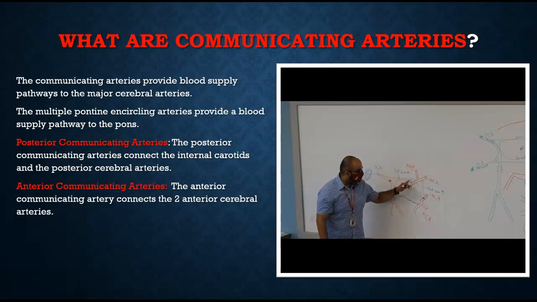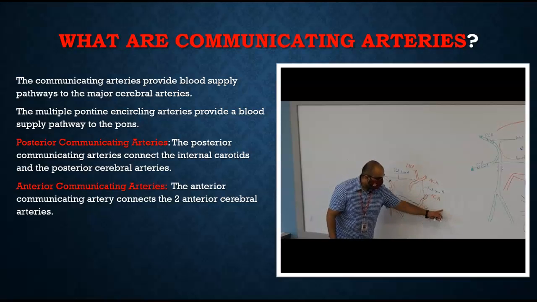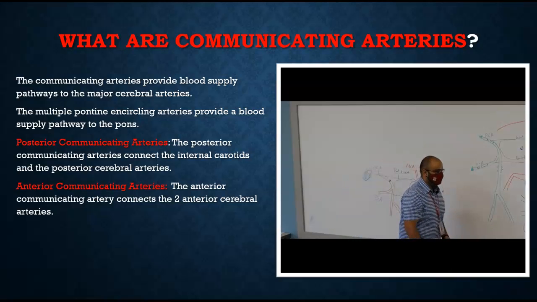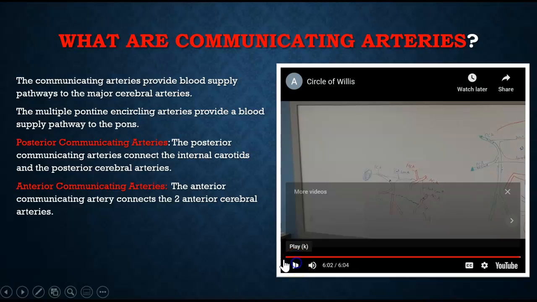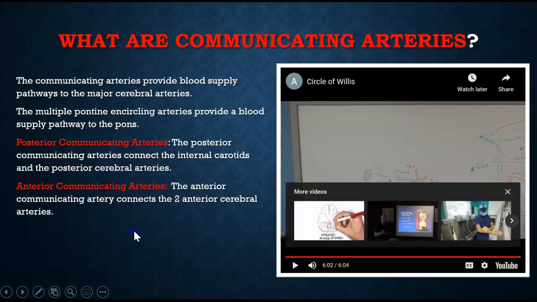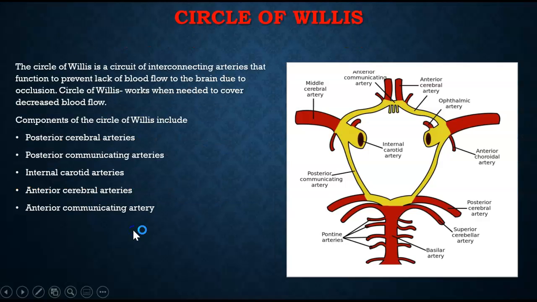So blood will be supplied from here, go here, enter, and supply the area which the anterior cerebral artery was providing blood to. That's the purpose of the circle of Willis. It's a very important structure, and it is located in the subarachnoid space. Okay. All right, this is the circle of Willis.